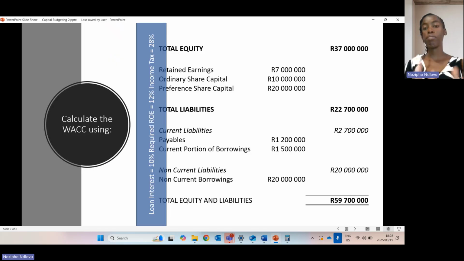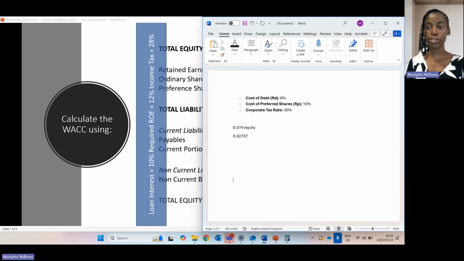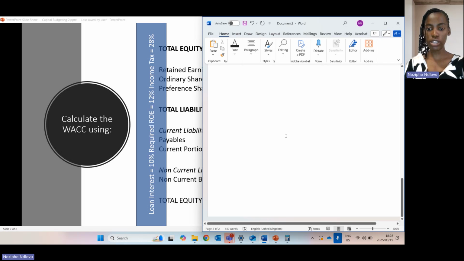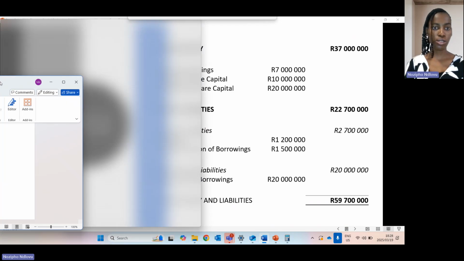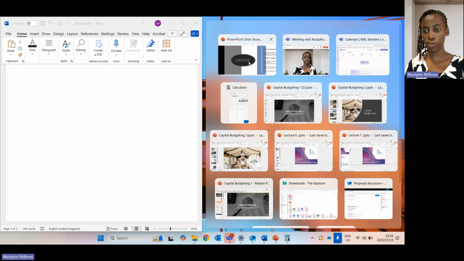But let's see if we can make use of an example. You'll see that I'll juggle between the slides and also the Word document so that I can do the calculations. So we are given this example. Let's see if I can go to this example and then create a new sheet. I'll just do this so that we have a glimpse of everything.